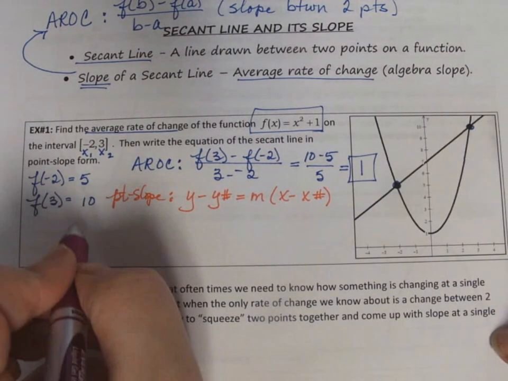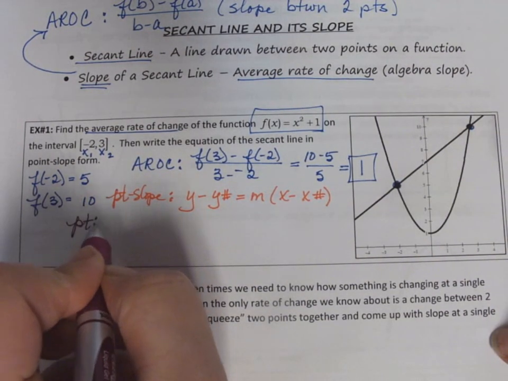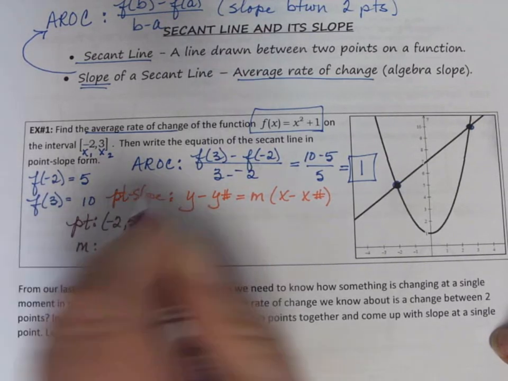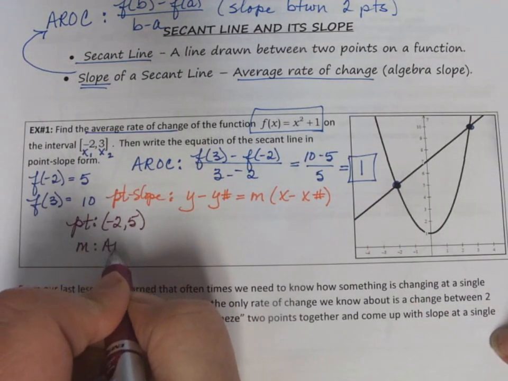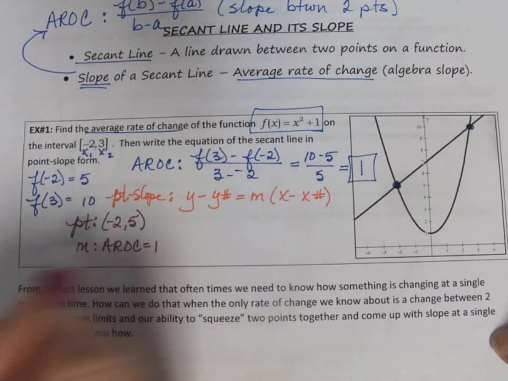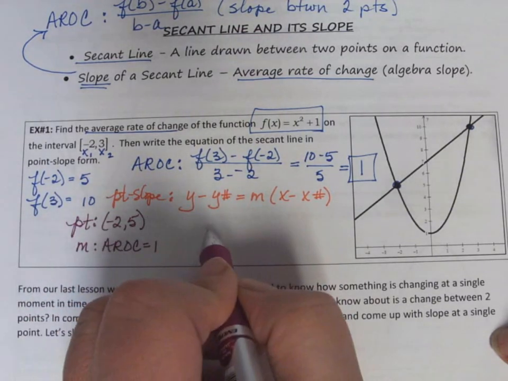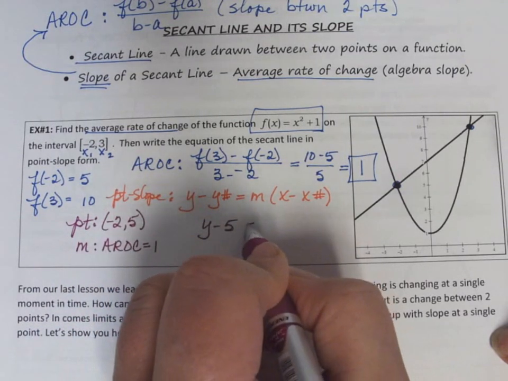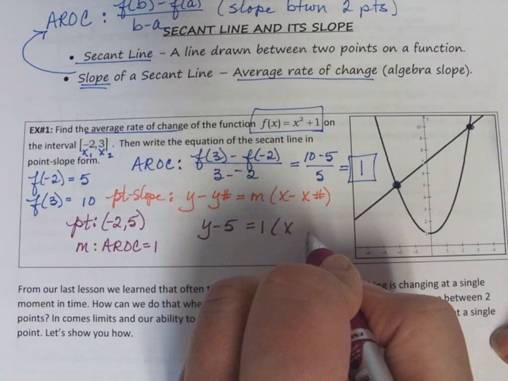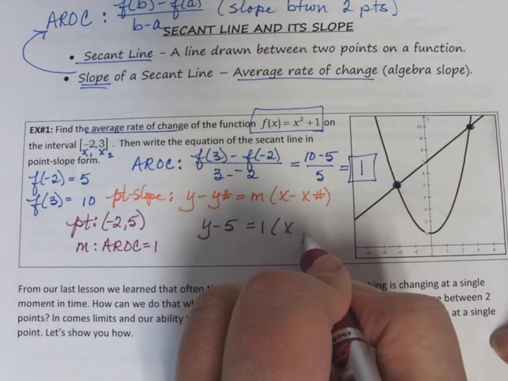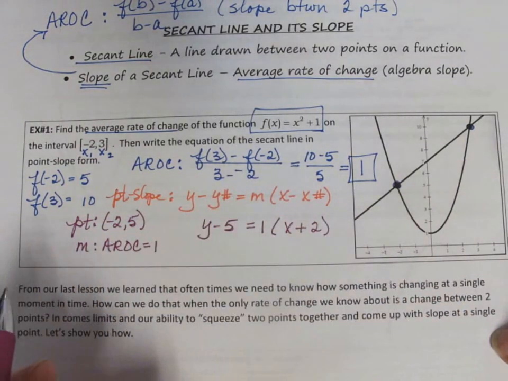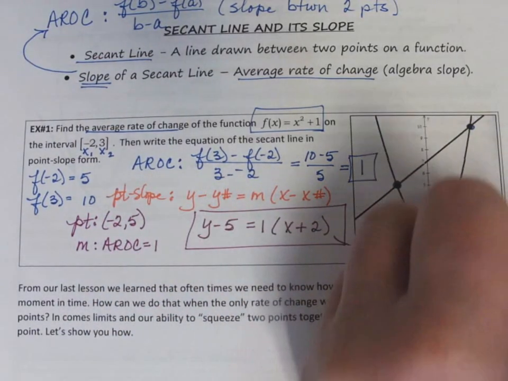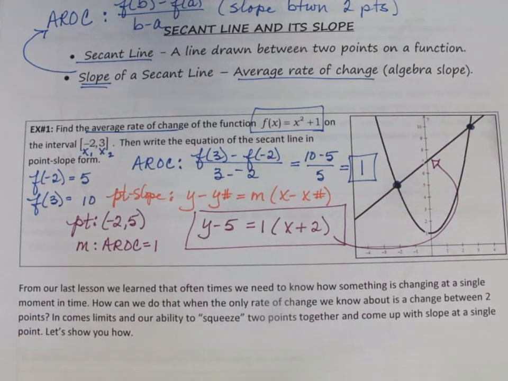I think my point is going to be (-2, 5). My slope I just found is going to be my AROC, which is equal to 1. So my equation of my secant line would be y minus 5 is equal to 1 times x minus -2, so it would be x plus 2. So that is the equation of that secant line, this guy right there, okay?